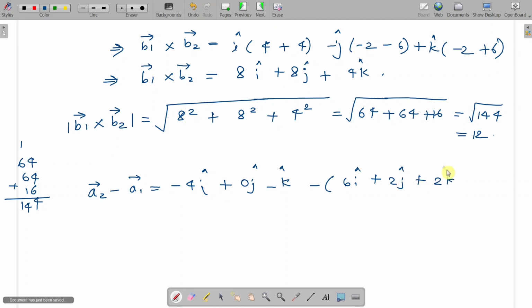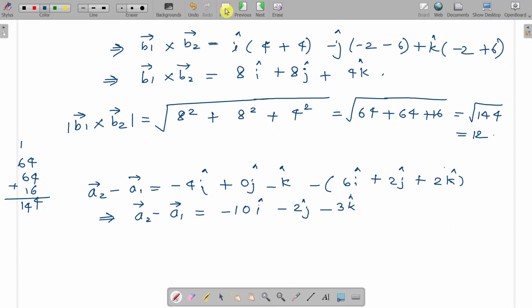So a2 bar minus a1 bar is equal to, skipping one step, minus sign is multiplied and then we get minus 4 i cap minus 6 i cap, that is minus 10 i cap, then plus 0 j cap minus 2 j cap is minus 2 j cap, right, minus k cap minus 2 k cap is minus 3 k cap. So we get a2 bar minus a1 bar.